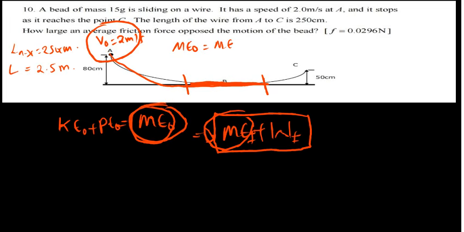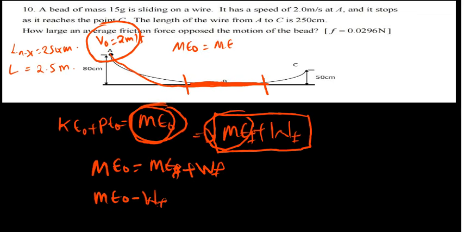I can also say the initial mechanical energy minus the work done by the friction has to be equal to the final mechanical energy.